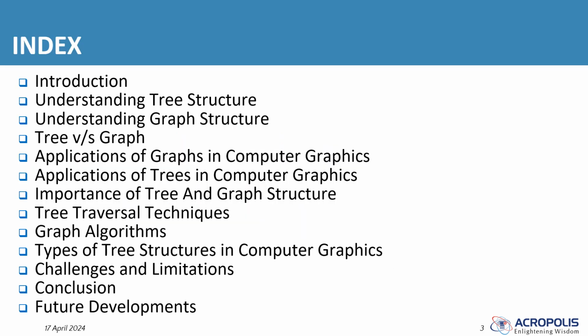In this video, we are covering these major topics like introduction of tree and graph data structures, understanding tree structure, understanding the graph structure, tree versus graph, the difference between tree and graph.